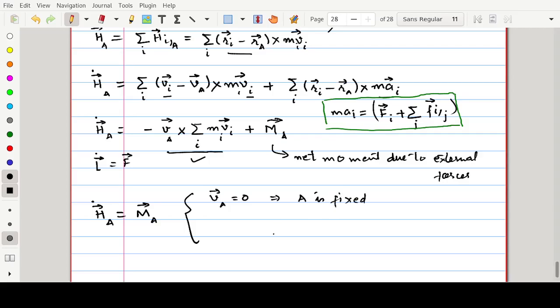So when you are calculating angular momentum with respect to a fixed point, then this relation, rate of change of angular momentum is equal to net external moment, will be valid. And another way in which this relation will be valid is when A is center of mass.